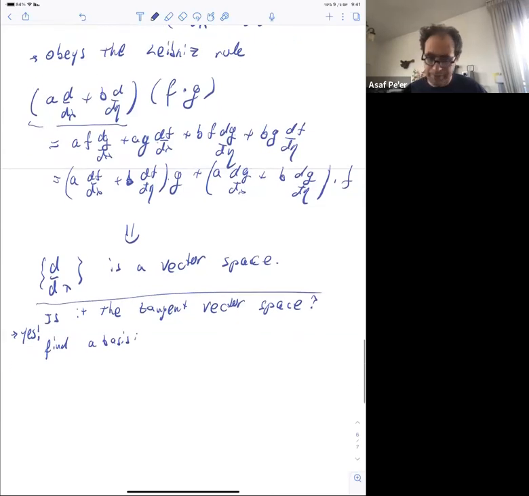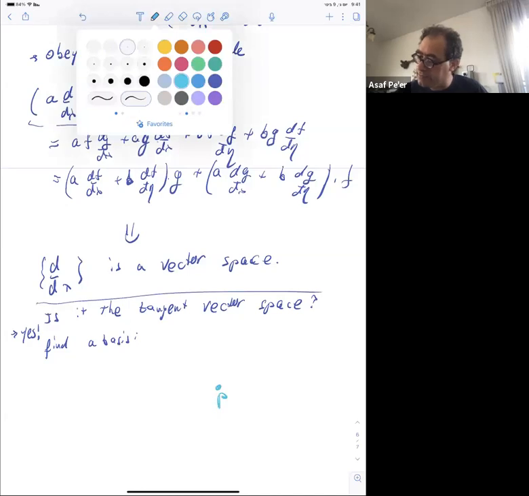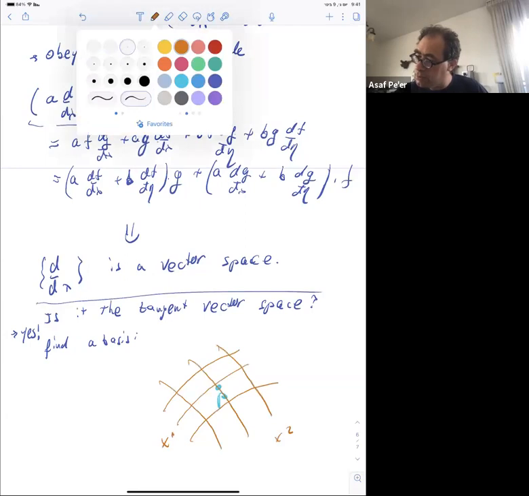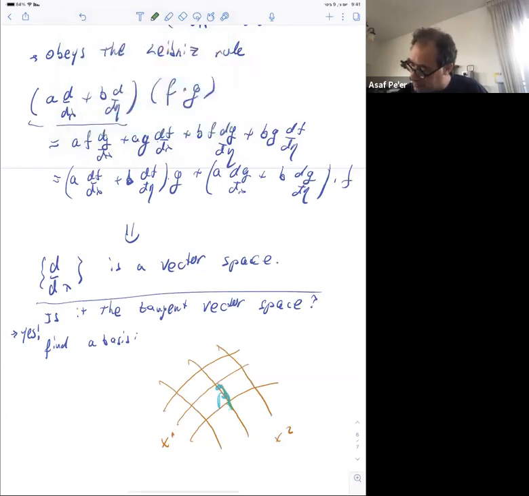So if this is my point P, I can put some coordinate system of my wish, X1 and X2. Here would be d1, d over dx1, and this here is d2, d over dx2.